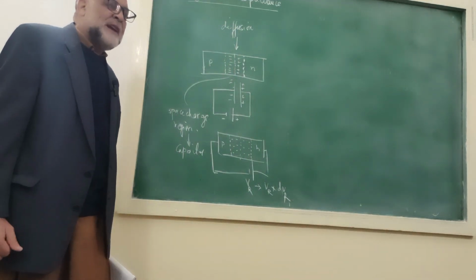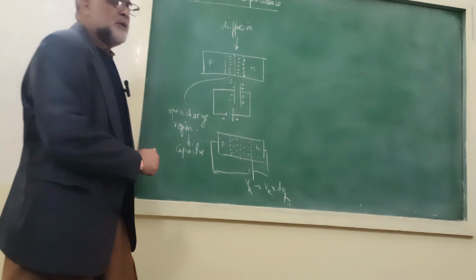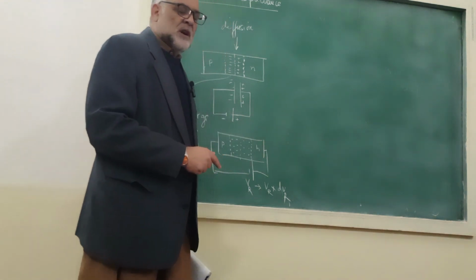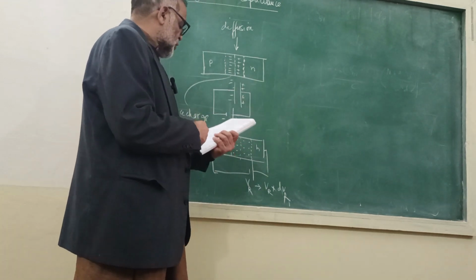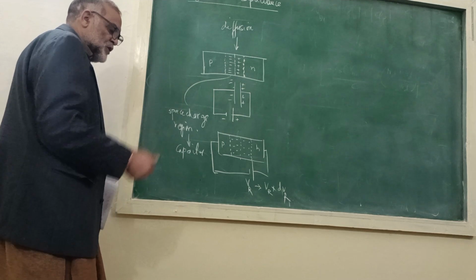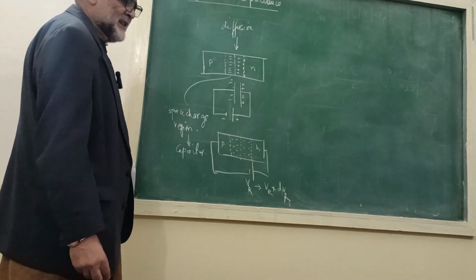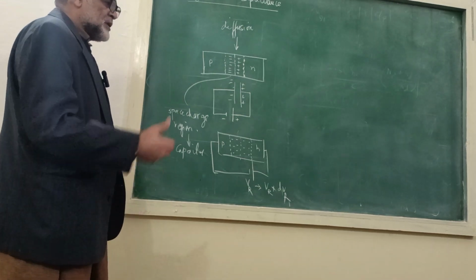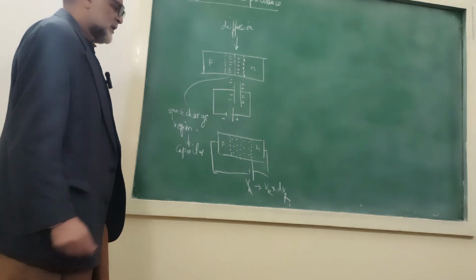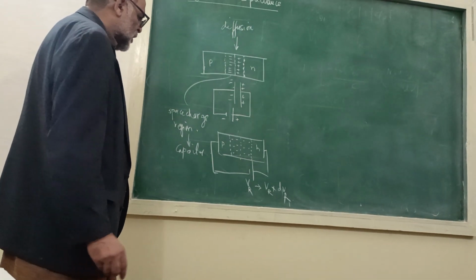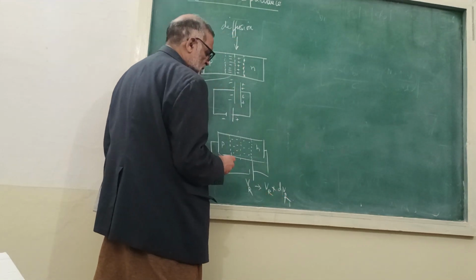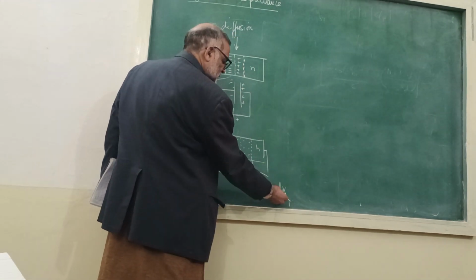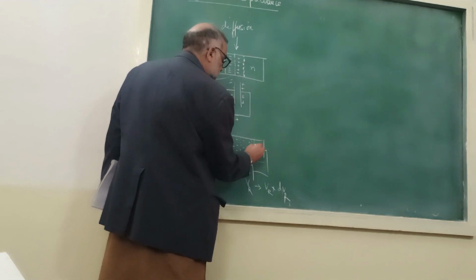And we know that when we increase the reverse bias, the width is proportional to the reverse bias, with a square root, a power of 1/2. So when we increase the reverse bias voltage, the width will also increase.